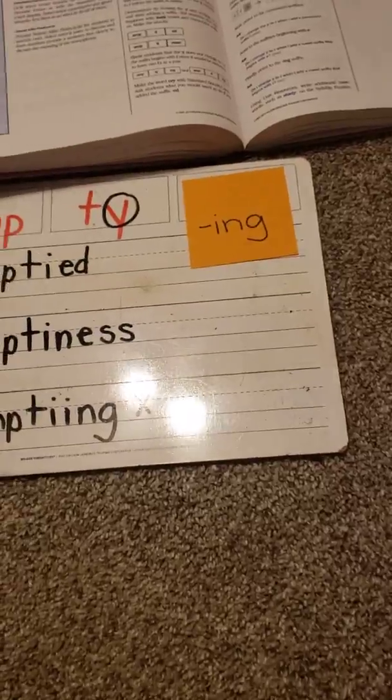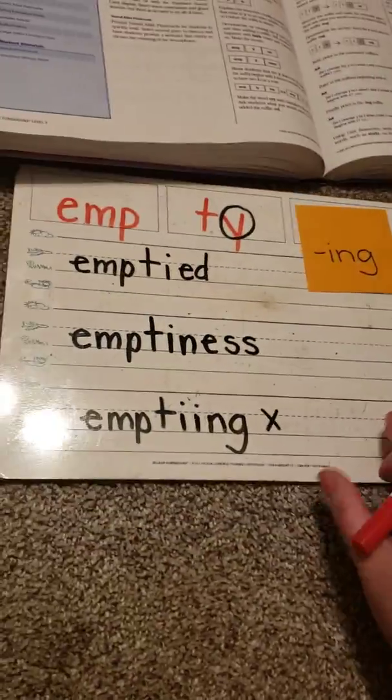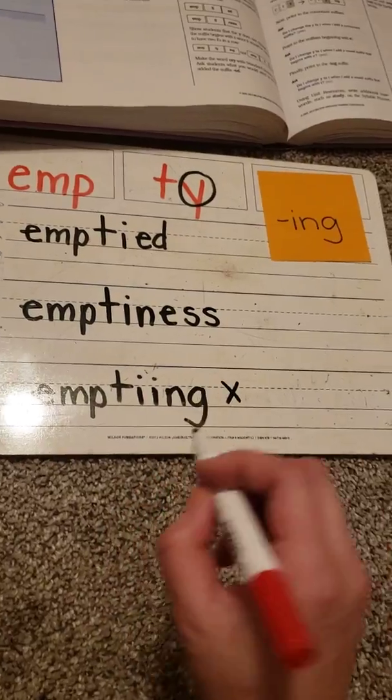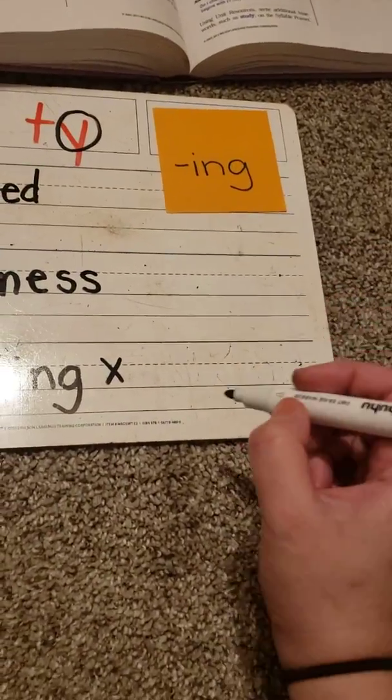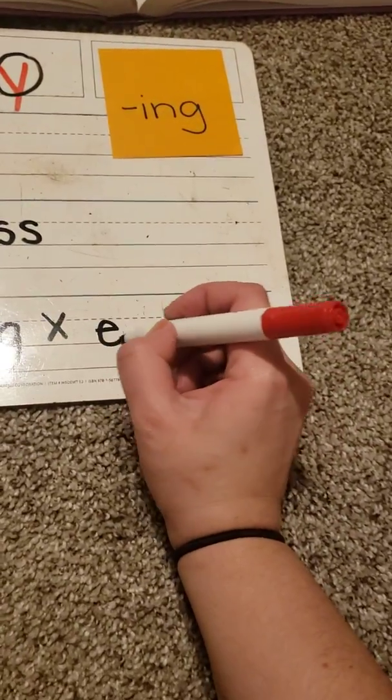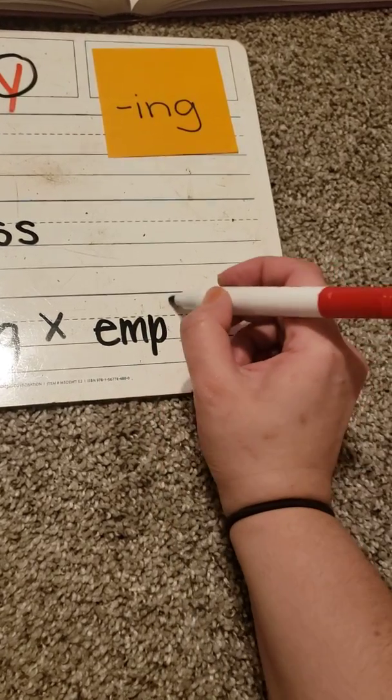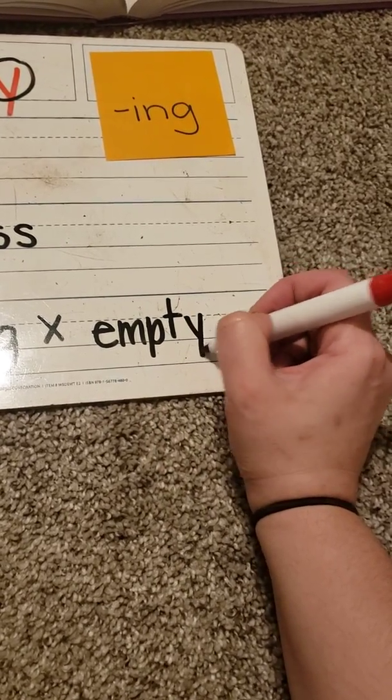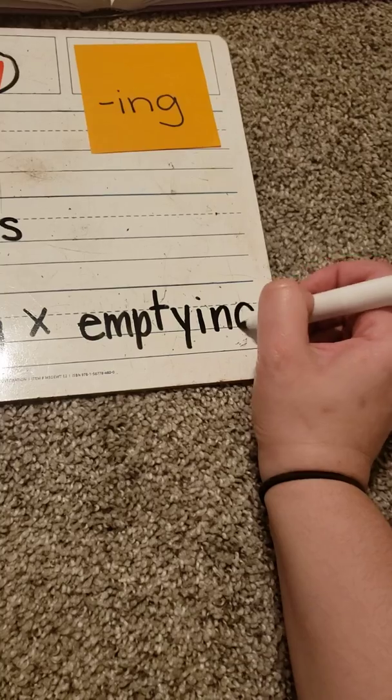No. All right, Miss Miranda made a no-no. I can't really erase it, and I don't feel like recording the entire thing over again. So this is still a no-no, but ignore what I said. It's going to be EMPTYING.